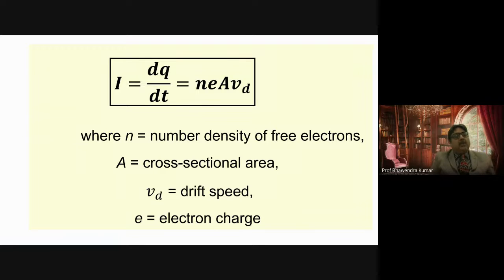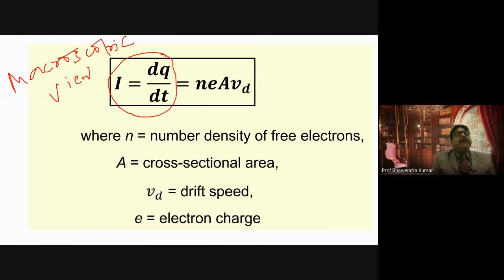Right? Now we know that there are two ways to look at the current. One is called the macroscopic view. In the macroscopic view, our focus is on dq by dt, meaning the amount of charge dq must pass through the conductor in the time dt. Other is called the microscopic view.